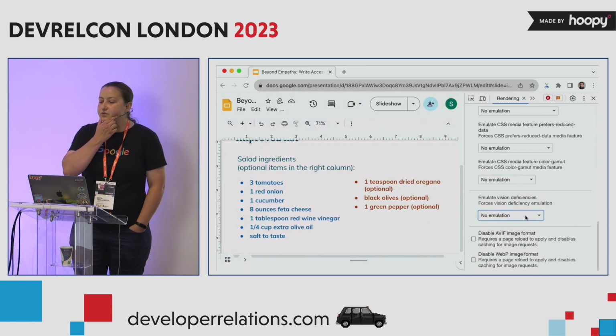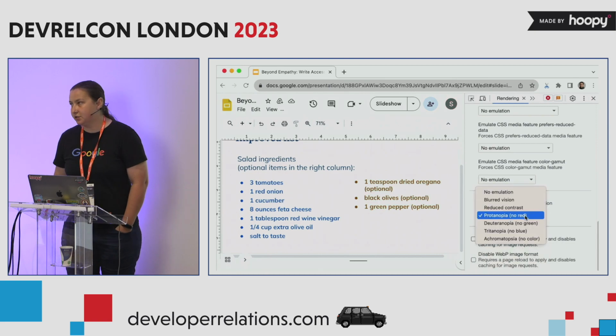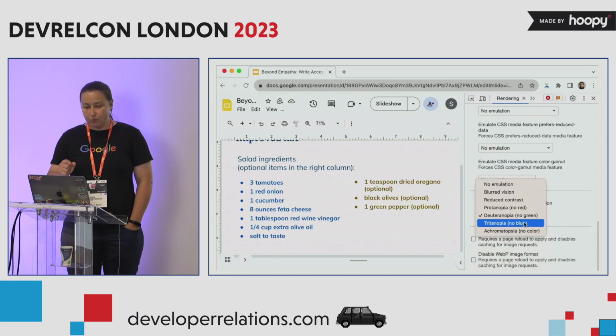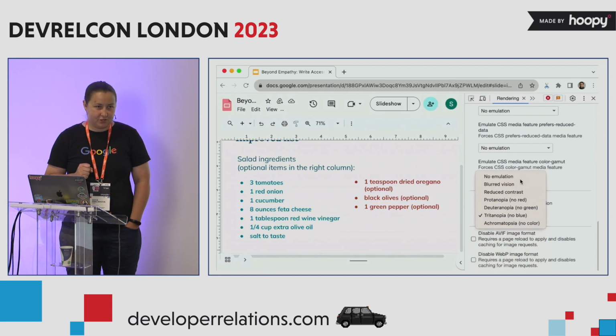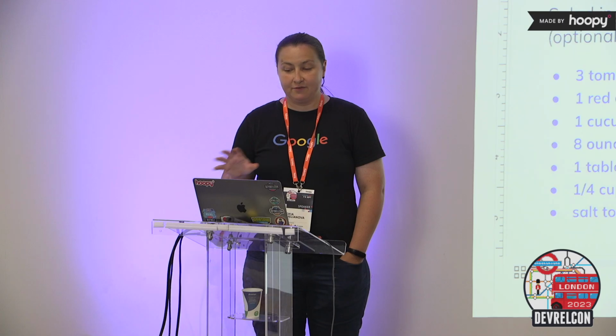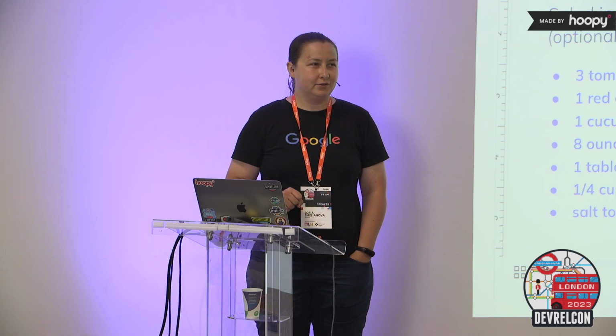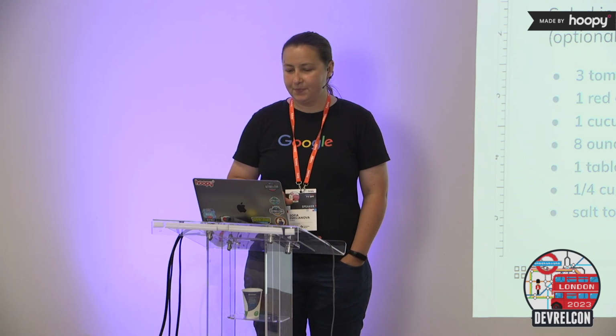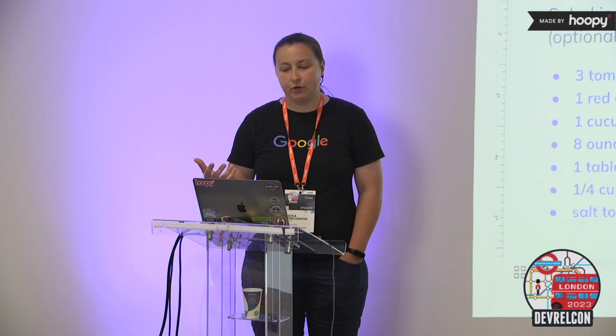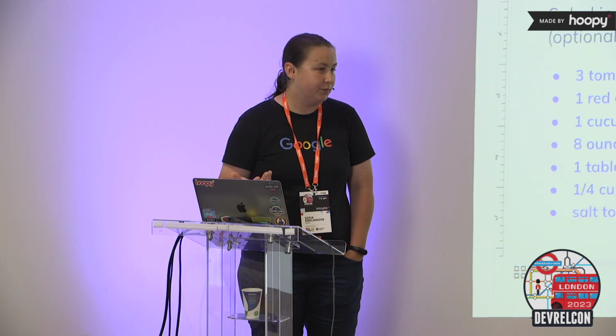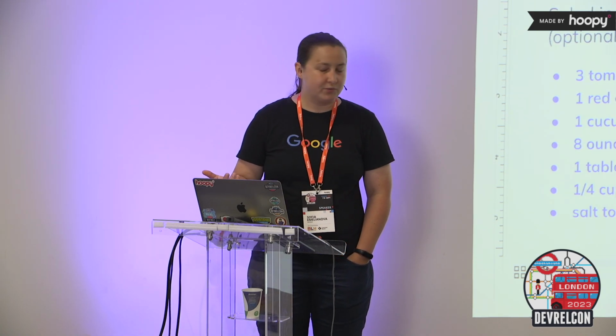But what's most important is that there's a second non-visual cue. By the way, you can emulate vision deficiencies, specifically several types of color blindness, using the rendering tab in DevTools. This way you can check how colorblind people see your website.